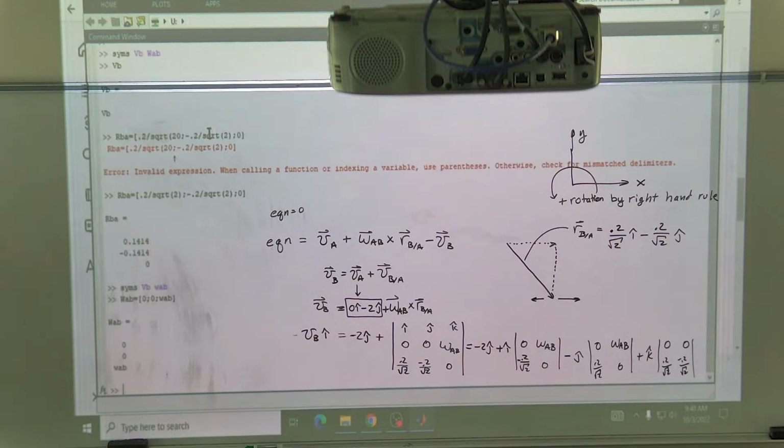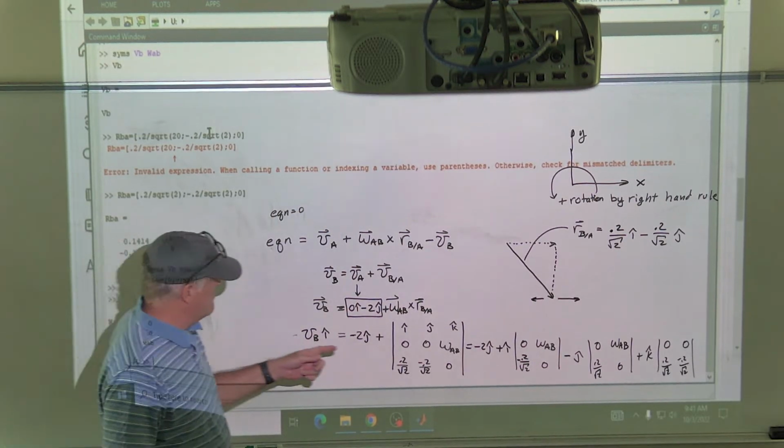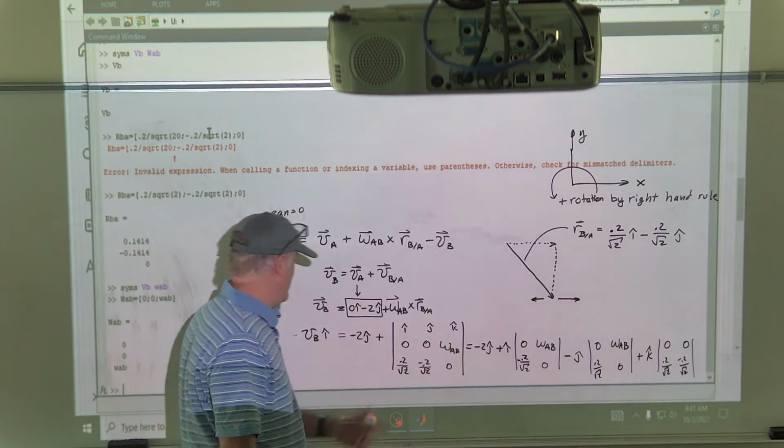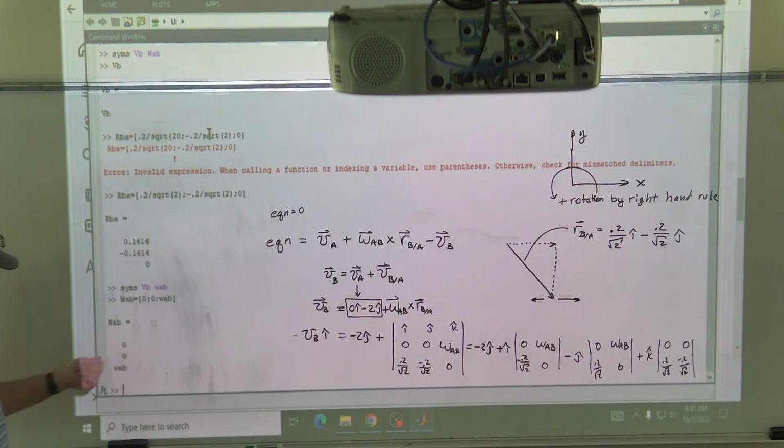So it's pretty boring in that it gave me back this and this. So now I've got this. I'm going to do a cross product and see what this looks like. Omega AB cross R, wait a minute, what was it, BA.